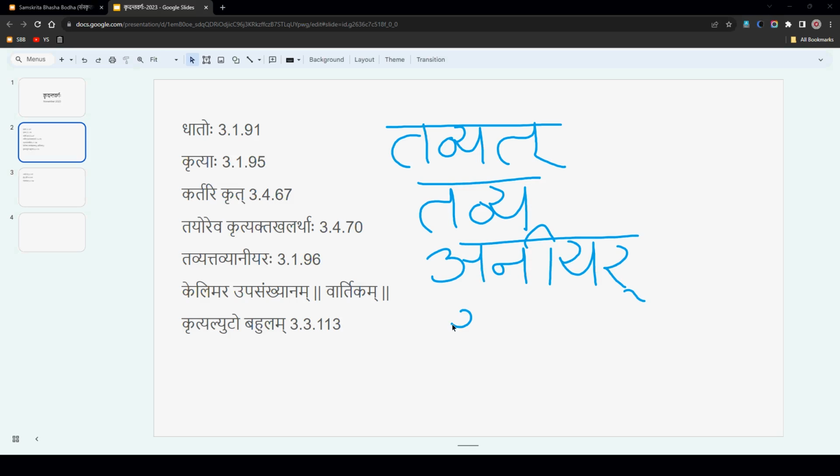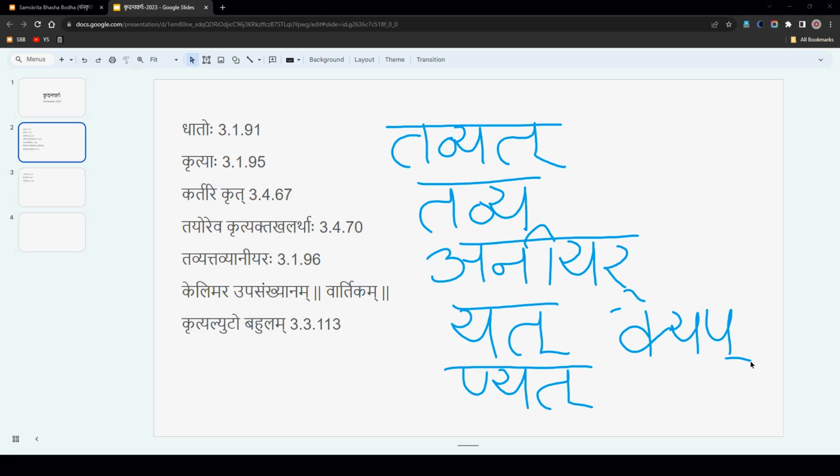Then there are three more: Yat, Nyat, and the last one is Kyap. So these six are grouped together as Kritya Pratyaya, because they have certain characteristics in common: Tavyat, Tavya, Aneeyar, Yat, Nyat, Kyap.